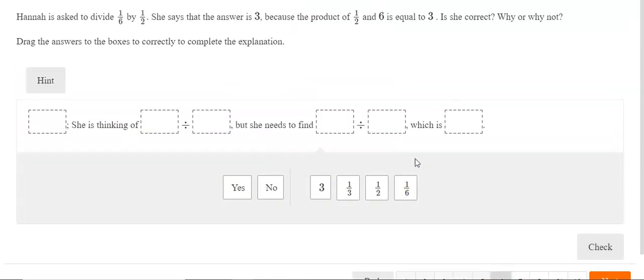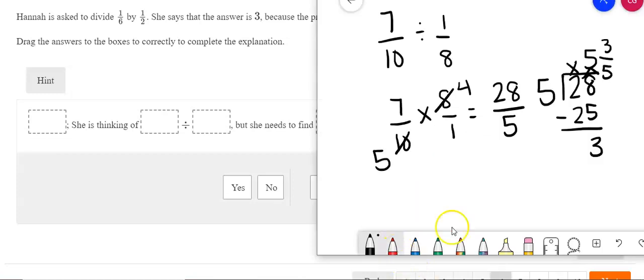Hannah is asked to divide 1/6 by 1/2. She says that the answer is 3 because the product of 1/2 and 6 is equal to 3. Is she correct? Okay, let's work out what she has. So I'm going to clear this off.